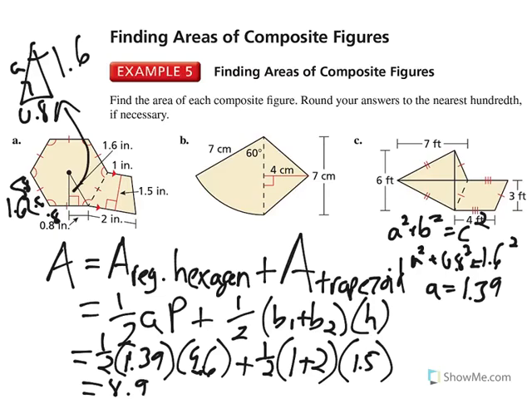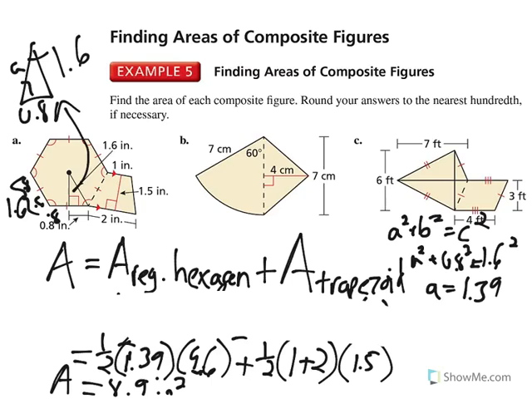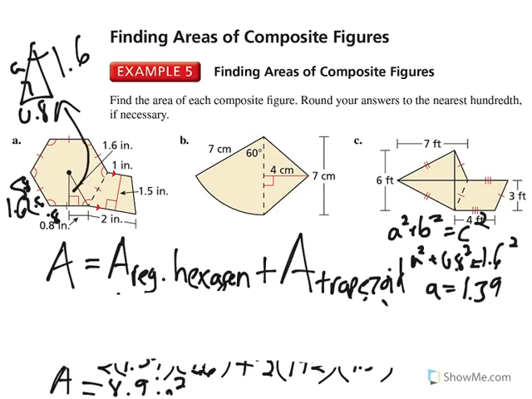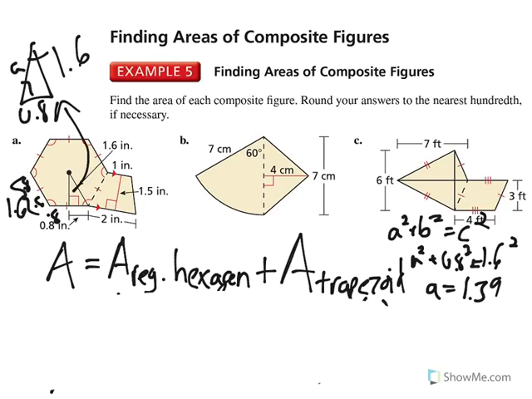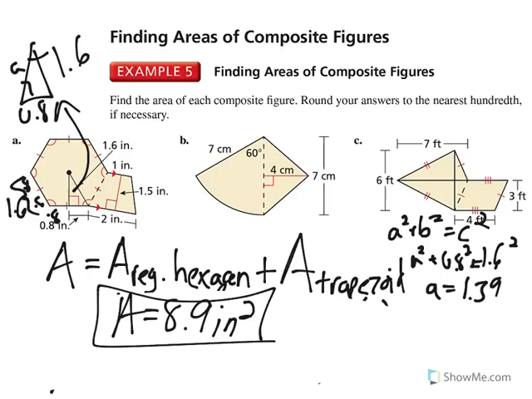This was in inches, so it would be inches squared. So when you multiply all this out, you're going to get approximately 8.9 inches squared. Okay, so that's our answer for that first one. I'm going to erase this to go to the next one.